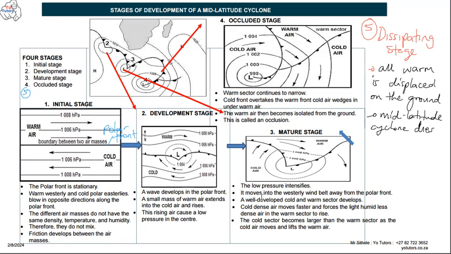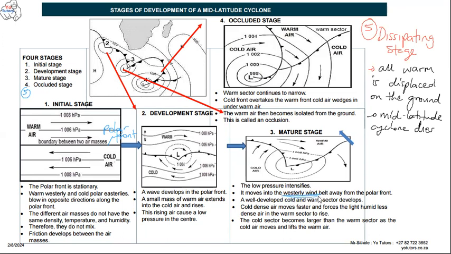So more warm air is being lifted up now, and we can see that there is a circulation, and the circulation is clockwise in the southern hemisphere and anti-clockwise in the northern hemisphere. So it moves into the westerly wind belt. Here is another thing that you must know: why your mid-lat cyclones move from west to east.